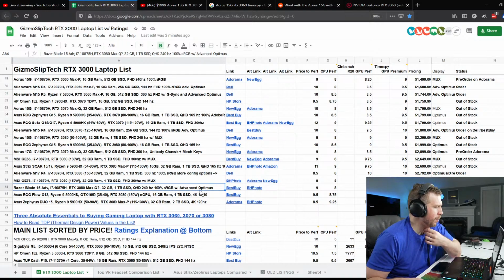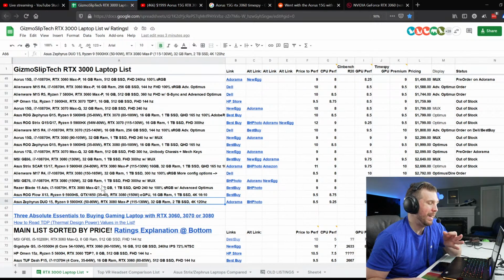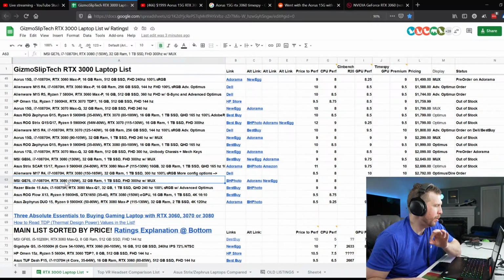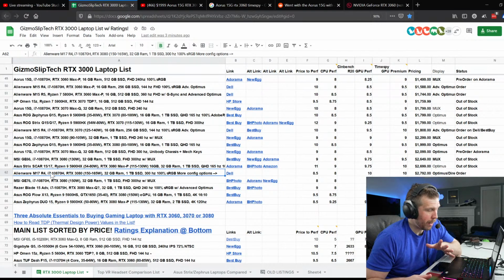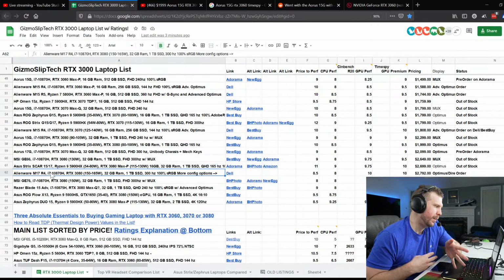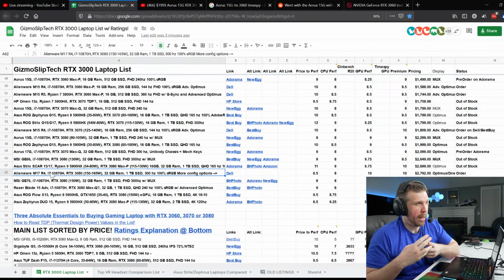So if you really want Advanced Optimus, there's only a handful of options out there. If you want to be able to order something in the near future, you're probably going to want to go for the GE76 or the Alienware M17 R4, but the M17 R4 is not going to have good battery life unless you get the Optimus version, because you can't turn that off.